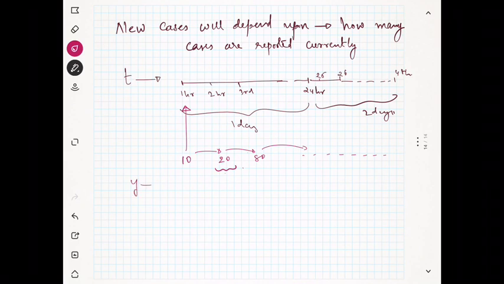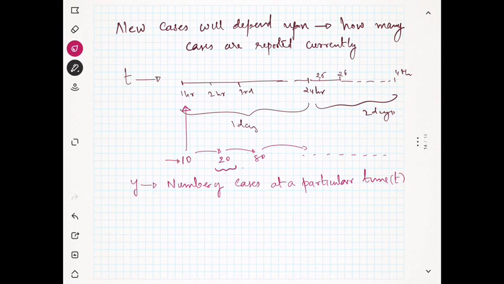Let us assume that y is the variable denoting the number of cases at a particular time t. For example, here y equal to 10 denotes y at time t equal to 1 hour.